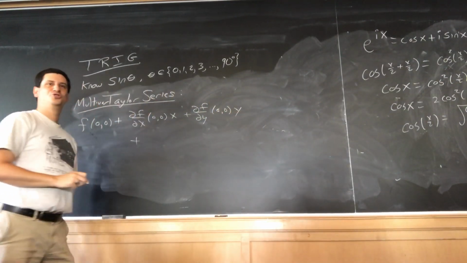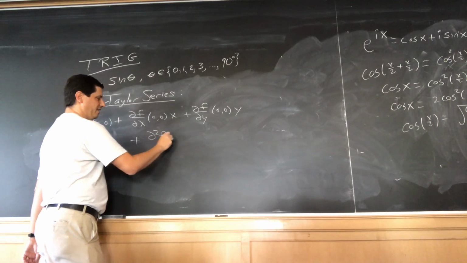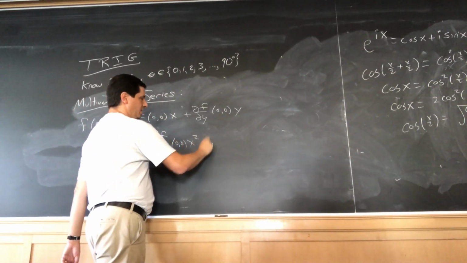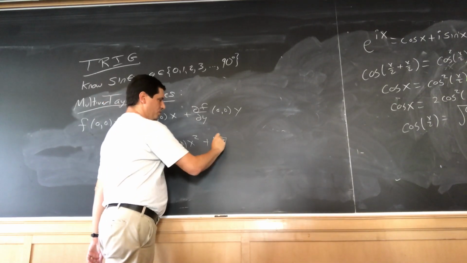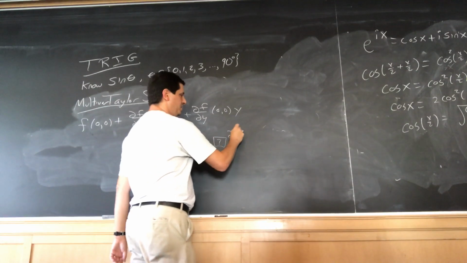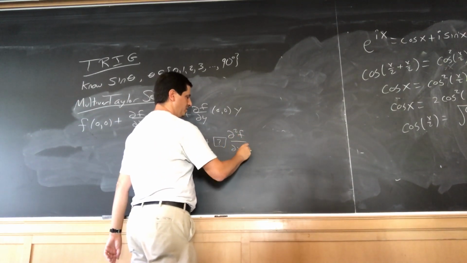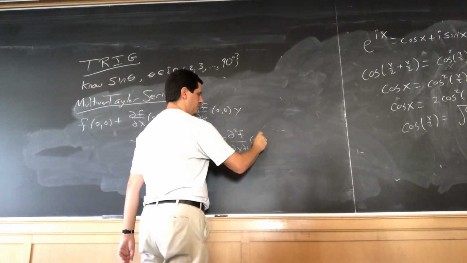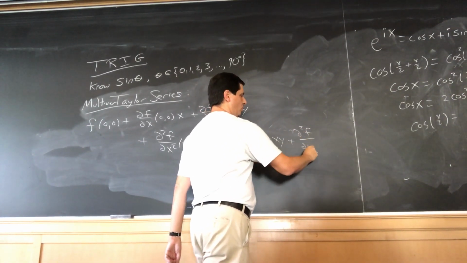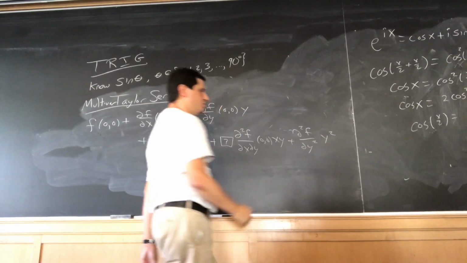And then you start having the joy of d squared f/dx squared at 0, 0 times x squared. And then, oh crap, what factor goes here? Is it a 2? Is it a half? d squared f/dx dy at 0, 0 times xy, plus d squared f/dy squared times y squared, and so on and so on and so on.